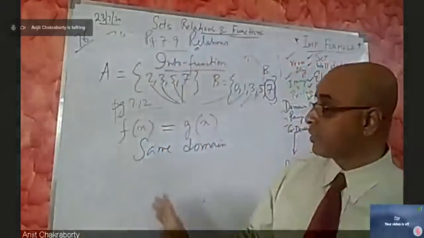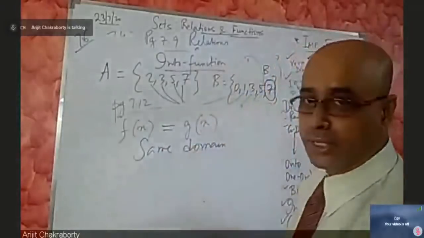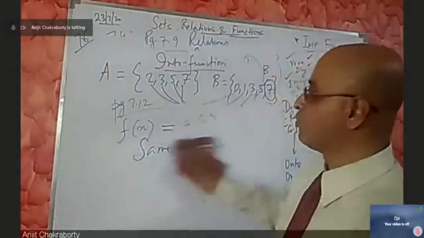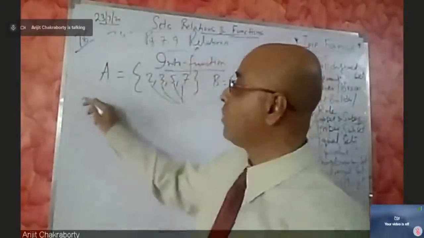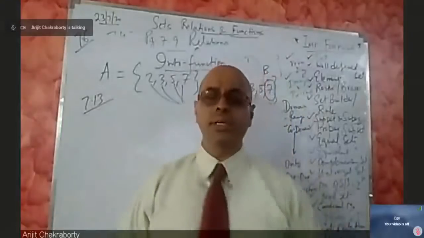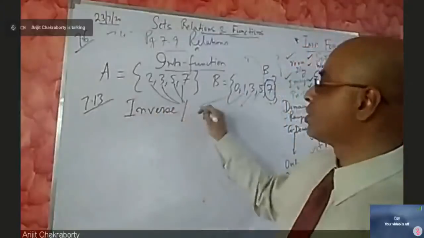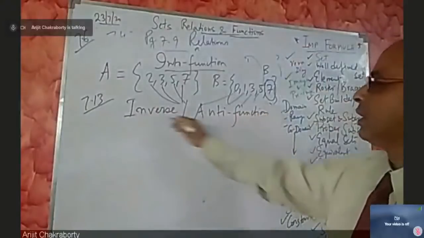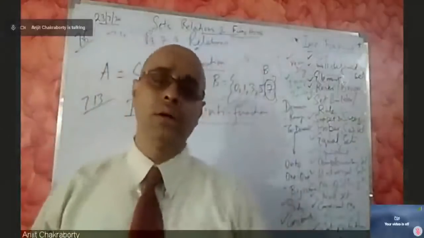Now 7.13, inverse function. This is fine, easy. Same domain and identical characteristics, equal function. Now we go to inverse function. Page 7.13, inverse function. Now friends, inverse function is also called anti-function. Now you have these logarithms, anti-log.